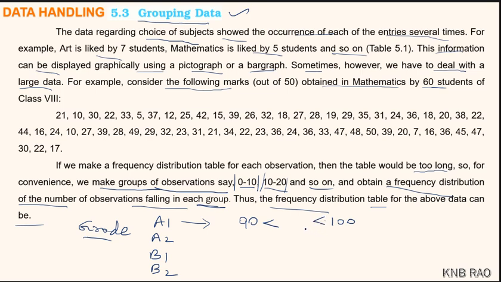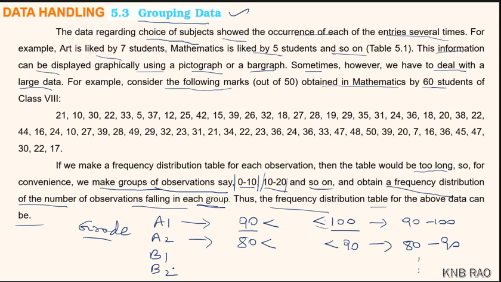Children whoever scored 90% above up to 100% will be called A1 grade, and children whoever are getting 80% and above, below 90%, we call them as A2 grade. So, what do you mean, these are all groups, isn't it? They are all grouped as 90 to 100 percentage, 80 to 90 percentage and so on. This is grouping of the data.